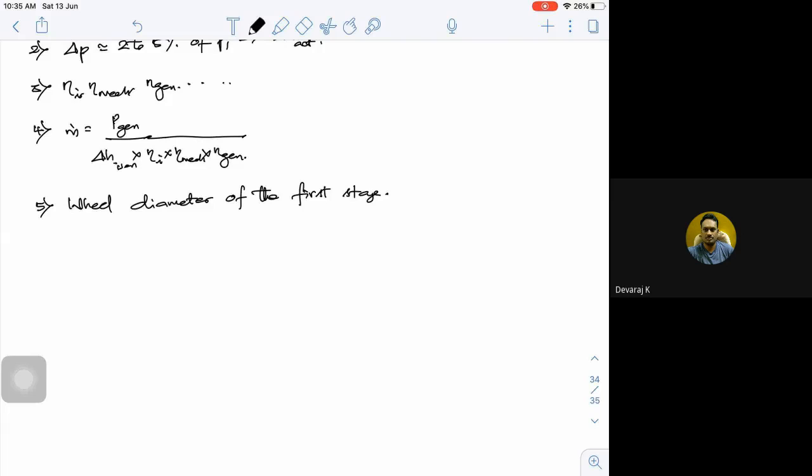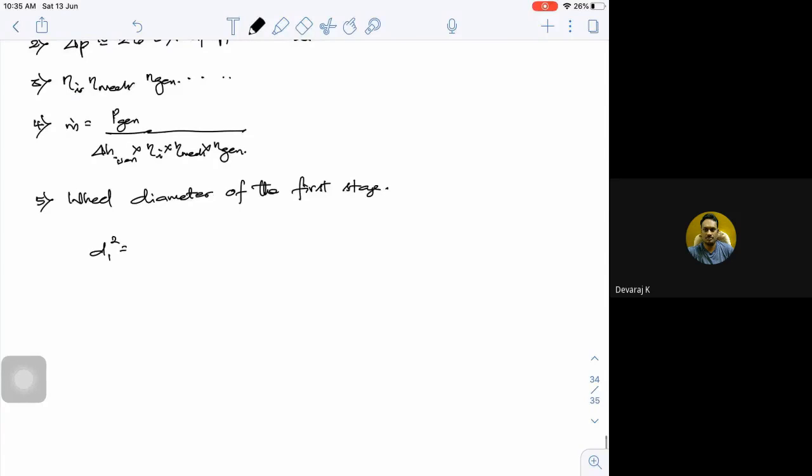This is nothing but your d1 square. It depends on your mass flow rate and depends on your width, actually, so you have the height of the blades. If I call that h, what are the parameters that play here?